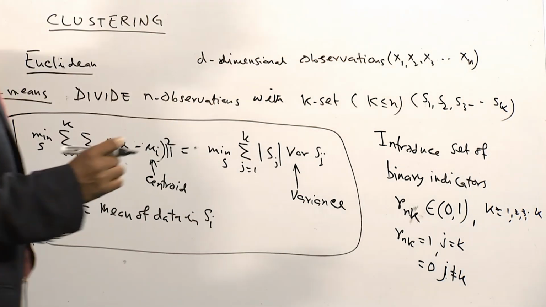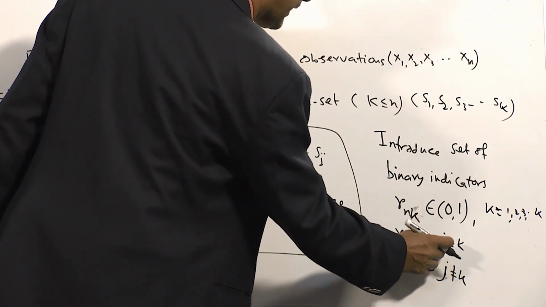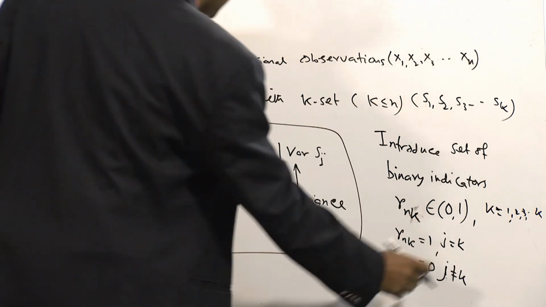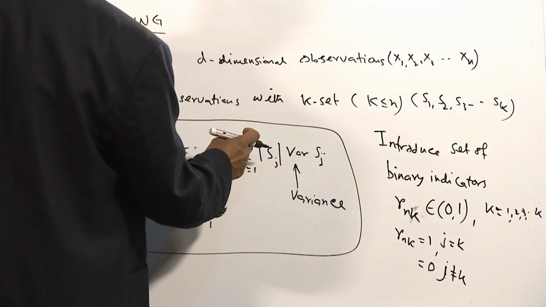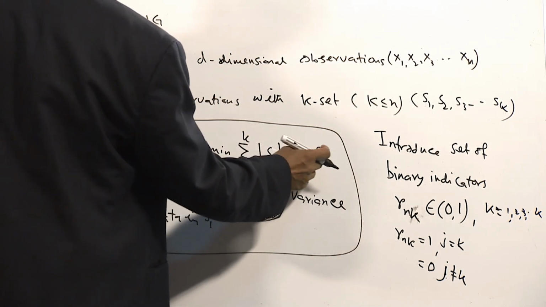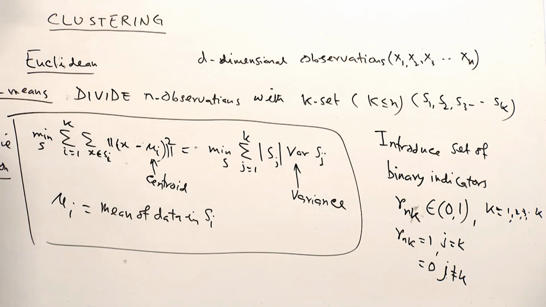It is a binary indicator. When j becomes equal to k, this will also be s_k, right. That is what it is. So, the moment you can do this, you can simplify the problem very easily.